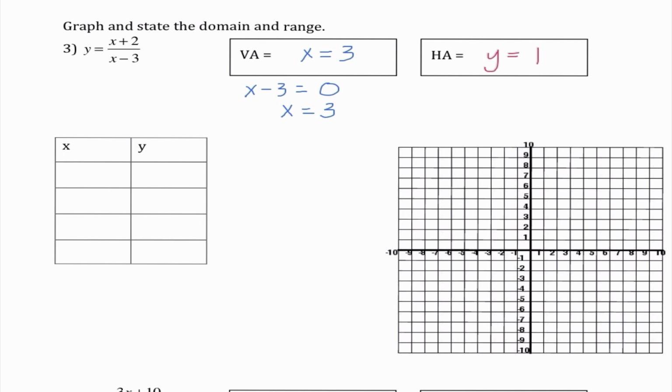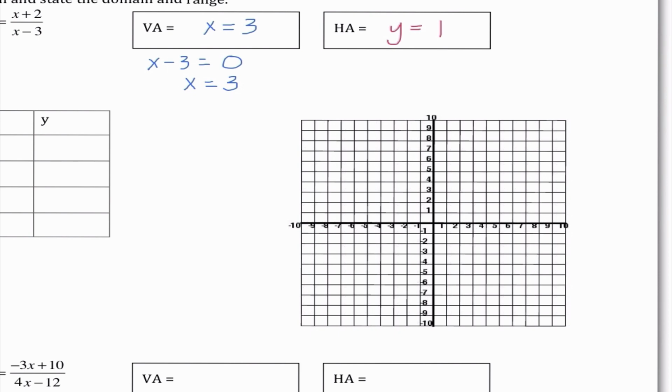So let's go ahead and plot these. x equals 3, we have a vertical line here at 3. I know sometimes when I'm making this video the line is slightly off, but hopefully we understand where that's at. Then I have a horizontal asymptote at y equals 1.